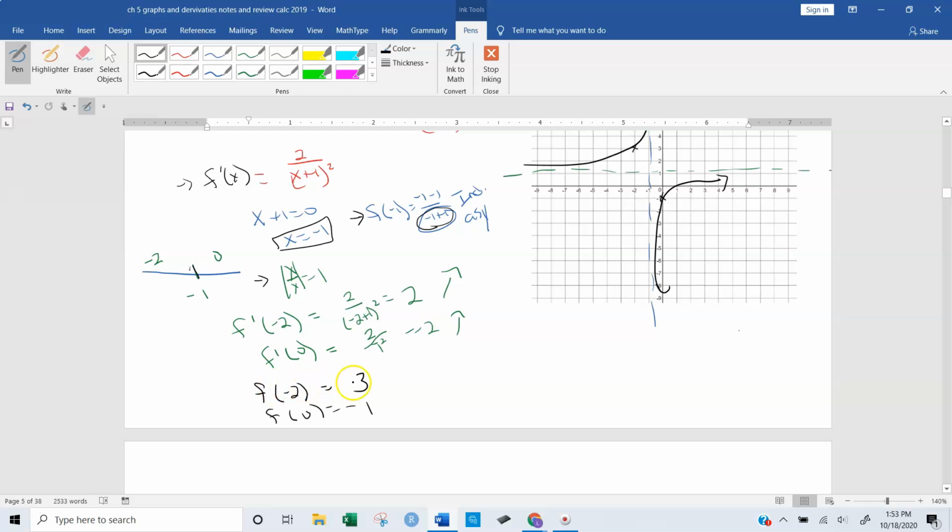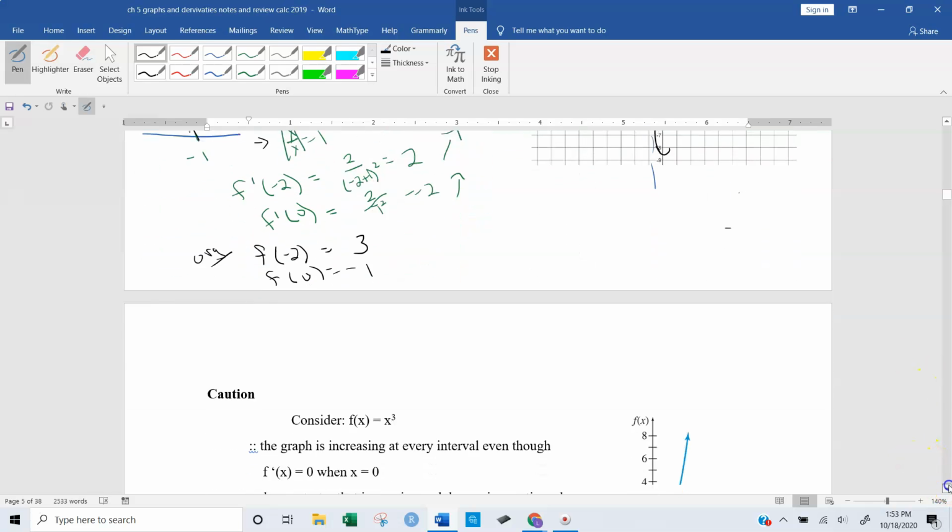When we plug negative 2 into our original, so now you're at your original function, right? You get 3, so you go negative 2, 3. So I know that this graph is increasing, so I start here and I draw it in an increasing motion. And then we go 0, negative 1. This side is also increasing, so we start low and we go high towards our asymptote. And there is your hyperbola, if you remember what those are called.